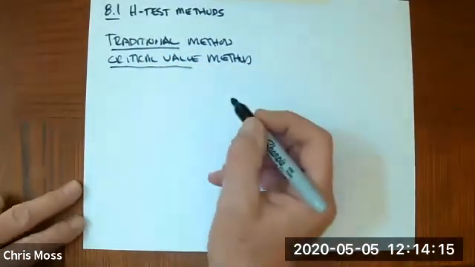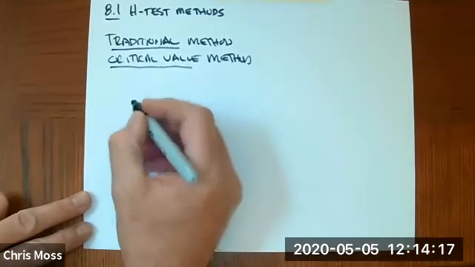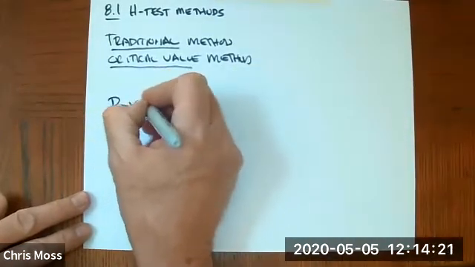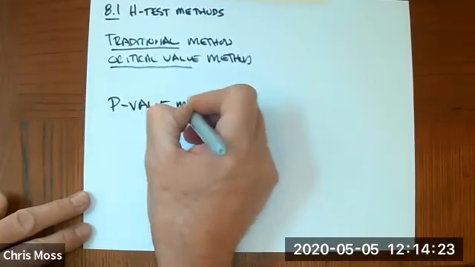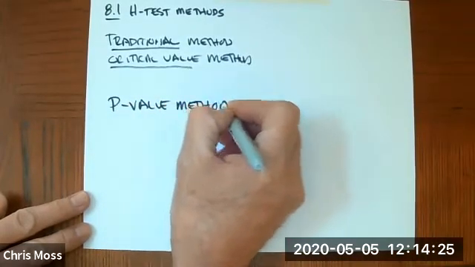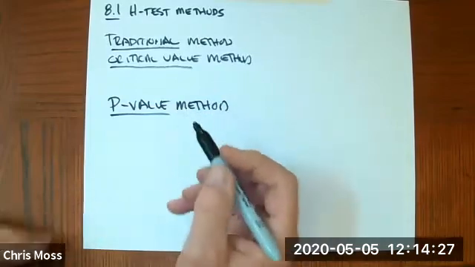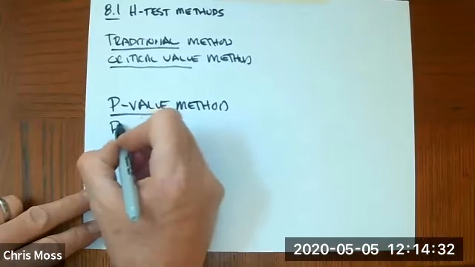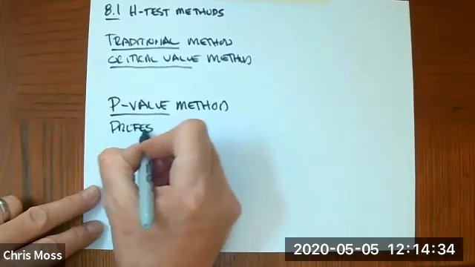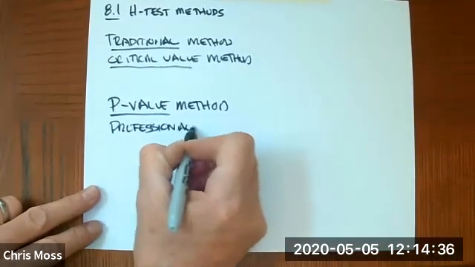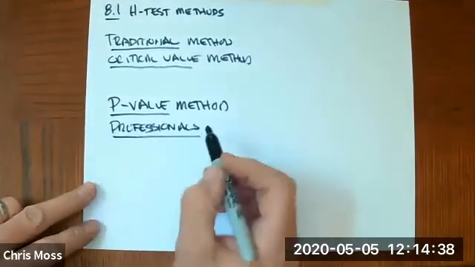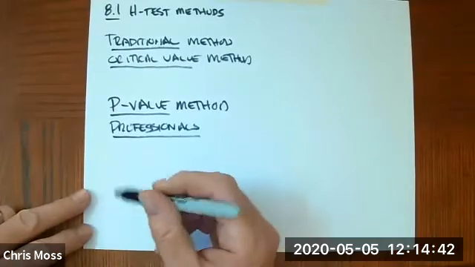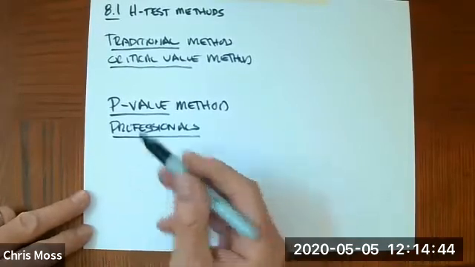And the second method is called the p-value method. Now, this p-value method is currently what people use. It's what we use right now. It's used by the professionals. And anytime you read anything on statistics, anytime any statistical result is conveyed, it will be conveyed via a p-value.